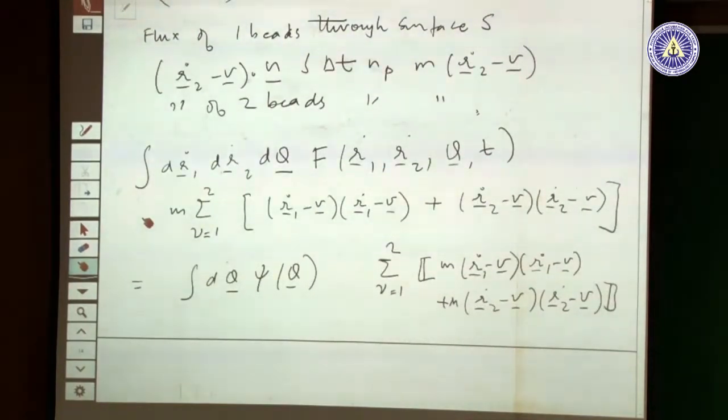There is an n dot, right? It is n dot this whole thing, because of this dot n.